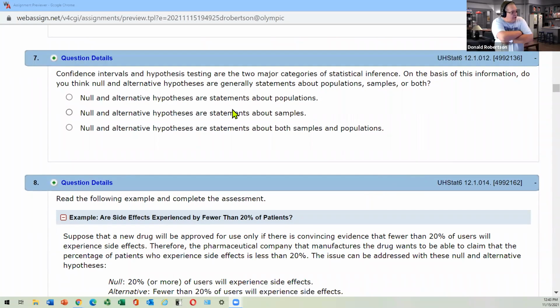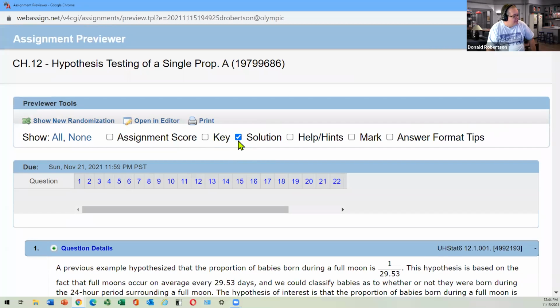Okay. Do you think null and alternate hypotheses are generally statements about populations, about the sample, or about both? From what we've talked about, what do you think null and alternate hypotheses are? I would say both. I would agree with you.